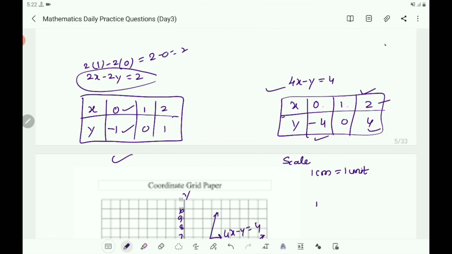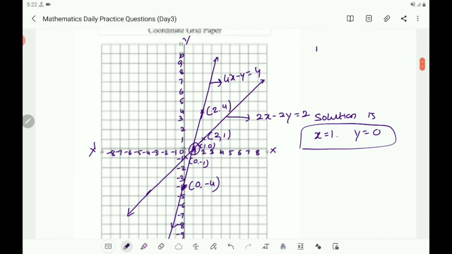Next, 4 into 1 minus 0 gives 4. Therefore the value satisfies the pair of linear equations. So the solution is x equals 1, y equals 0.